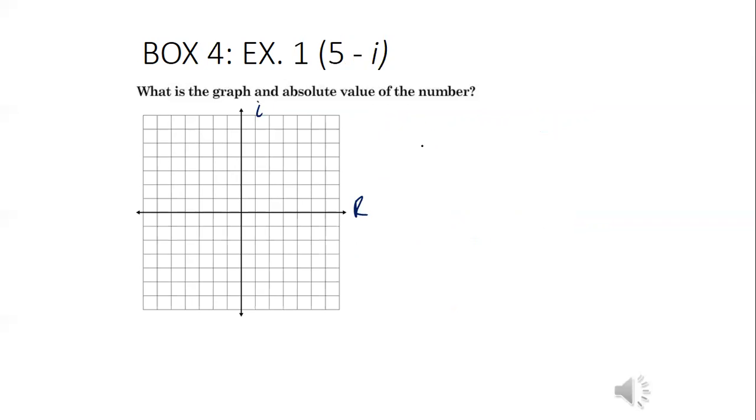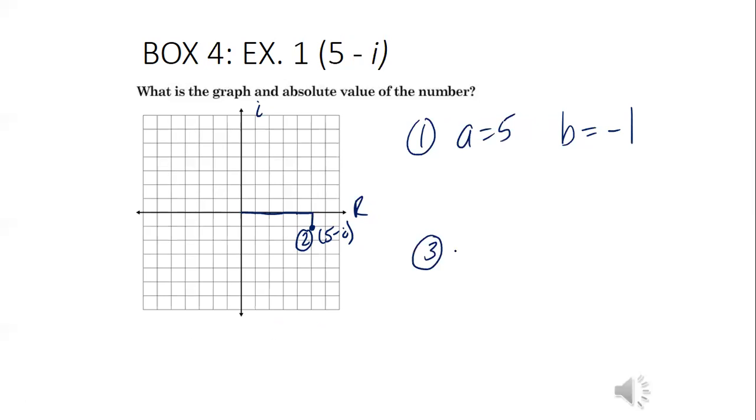In this problem, our real is 5, and our imaginary is -1. So I'm going to go 5 to the right. 1, 2, 3, 4, 5. So I go 5 right, and I'm going to go down 1 and plot. And this is where 5 - i is.